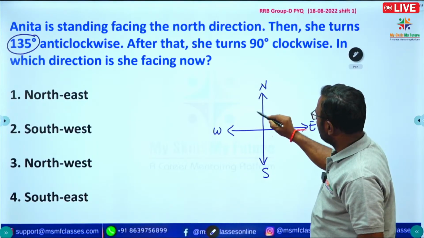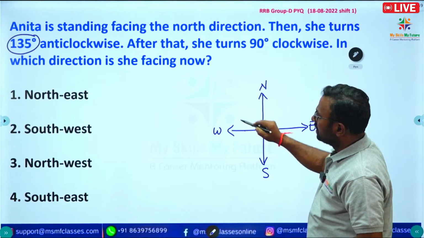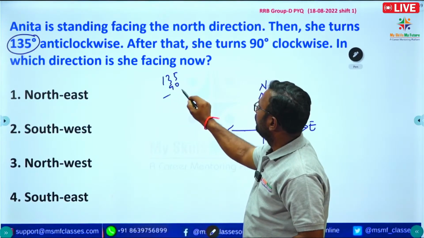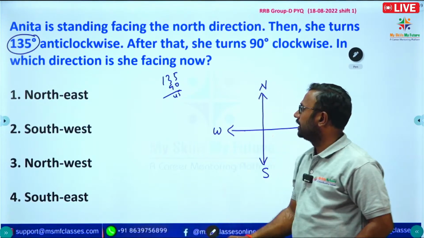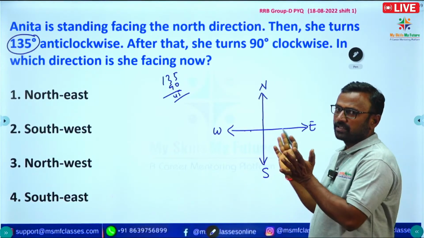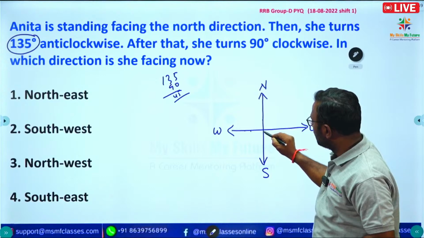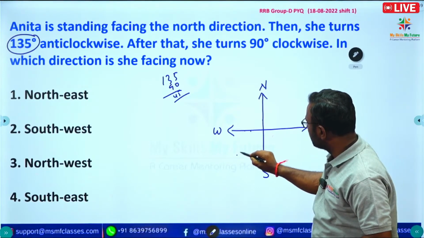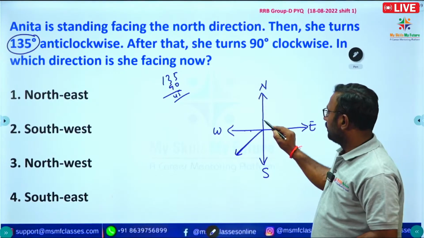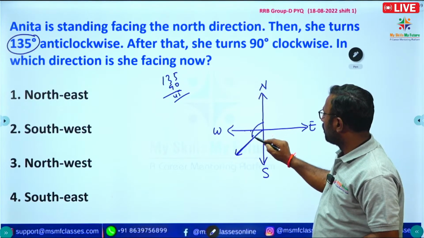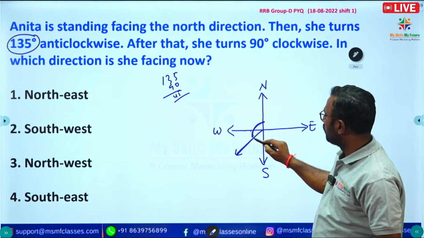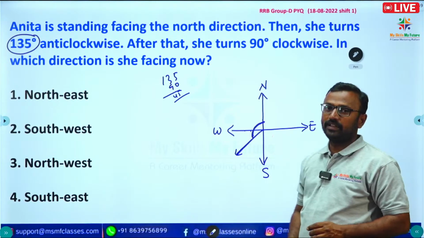If we come here, she moves 90 degrees, so 135 minus 90 gives 45 degrees. From here to here we have 90 degrees, because it is a right angle, and here to here she moves 45 degrees, exactly in the middle. So from here to here we have 135 degrees: 90 plus 45.